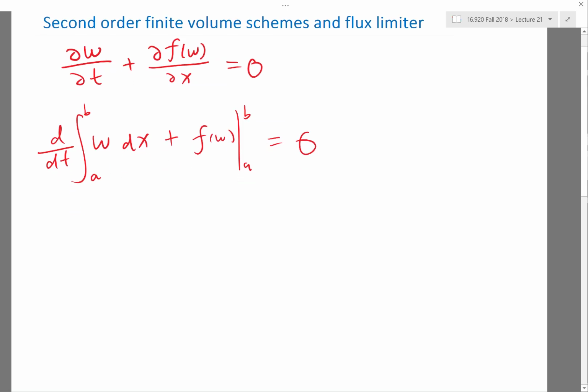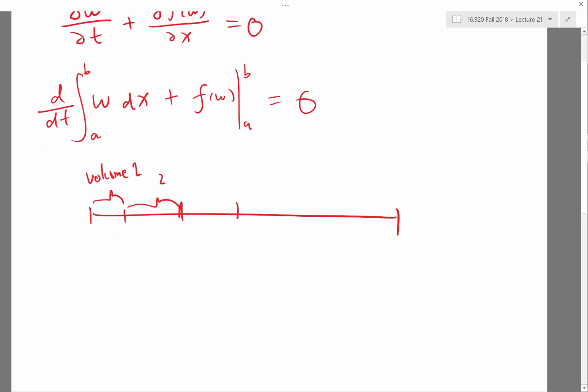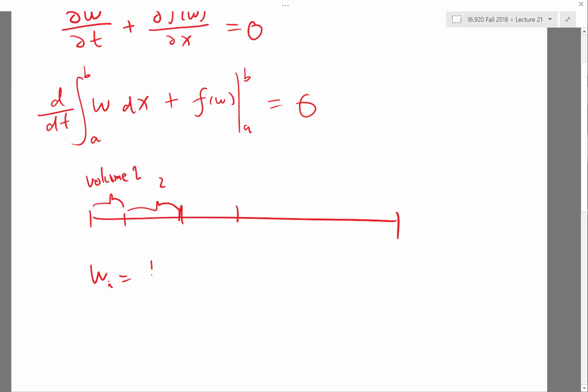Finite volume basically discretizes the entire domain into small volumes, right? So this is volume 1 and this is volume 2, etc. It discretizes the domain into volumes, and instead of storing the values of the solution at the grid point, it stores the averaged values. So Wi would be 1 over delta xi, where delta xi is the size of the volume in the ith domain, times the integration from xi minus half to xi plus half of w dx.